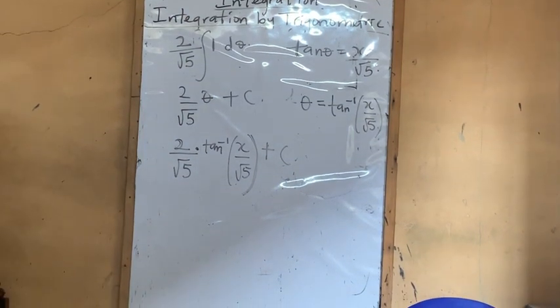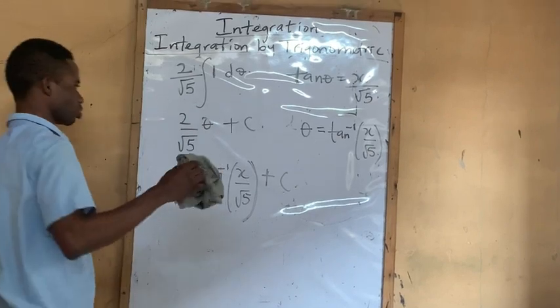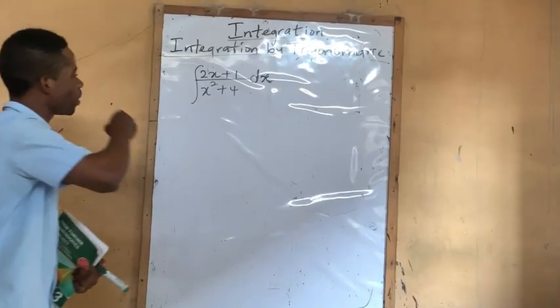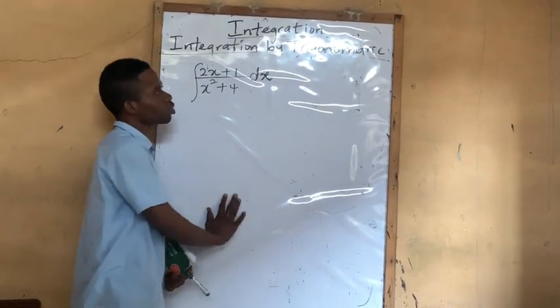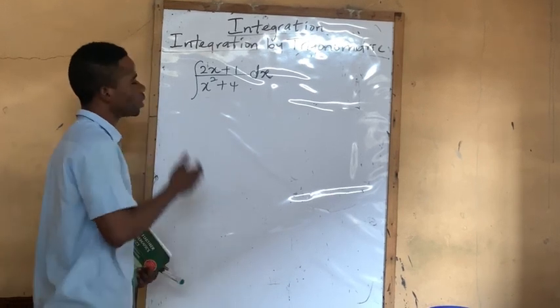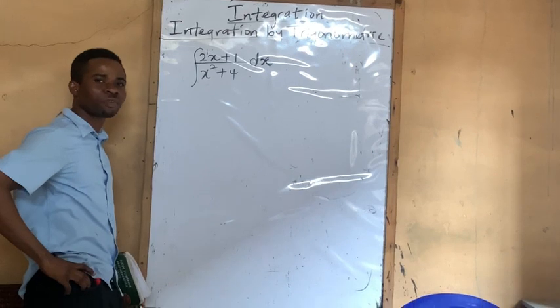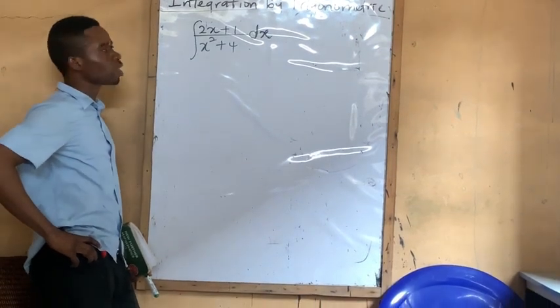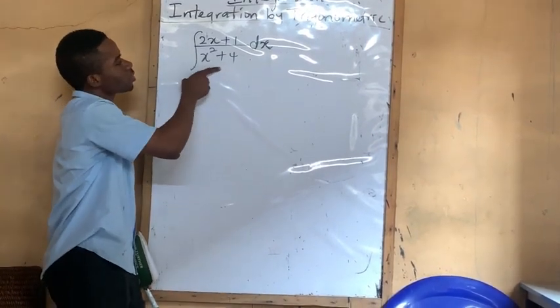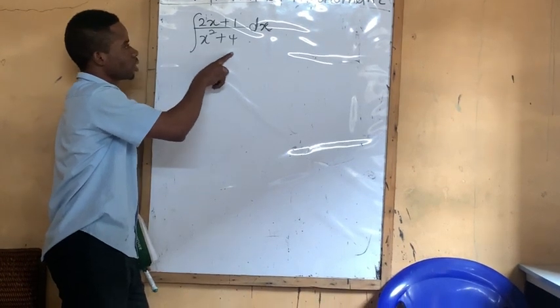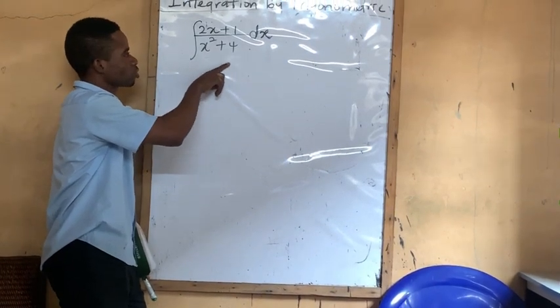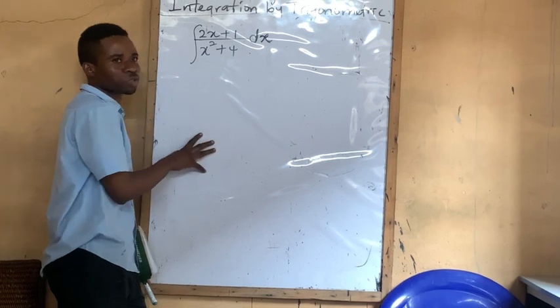Lastly, under the integration by trigonometric substitution. Now, this one might look like integration by partial fractions, but it is not, because you cannot split this one into partial fractions, because this is plus, it's not minus.